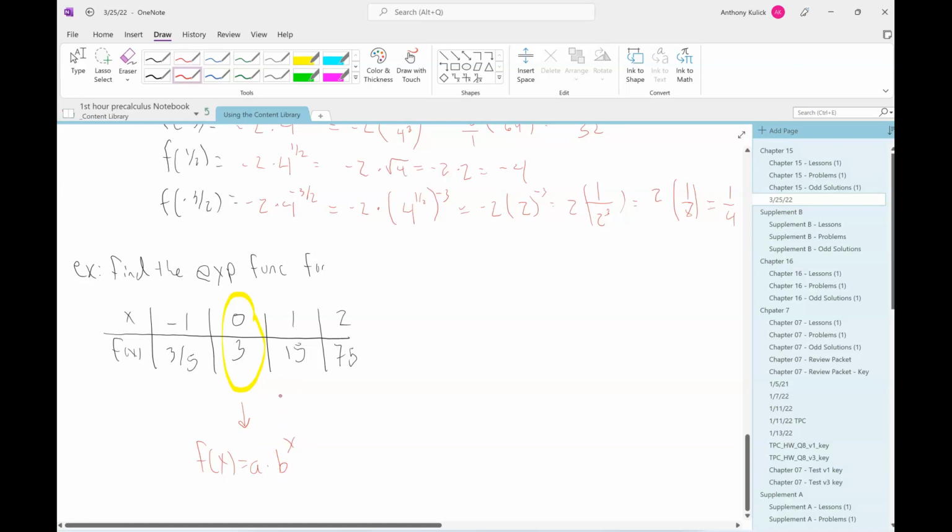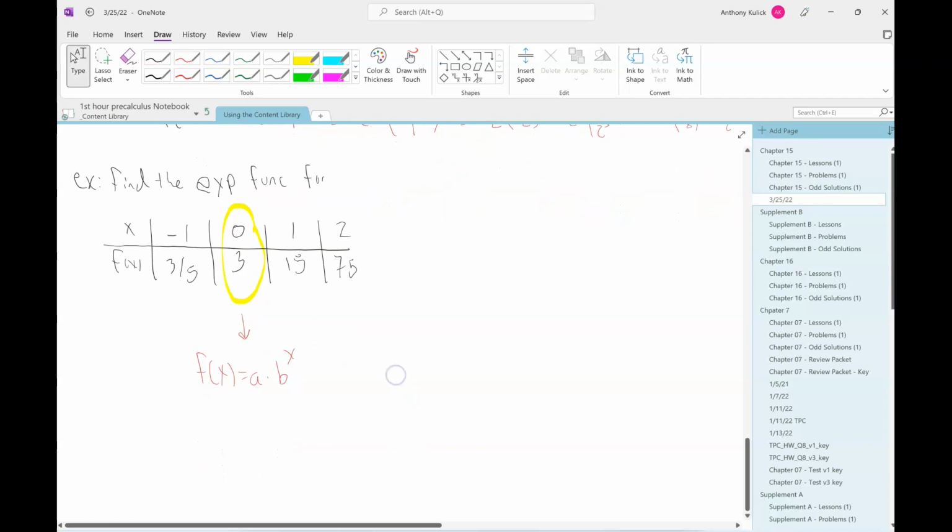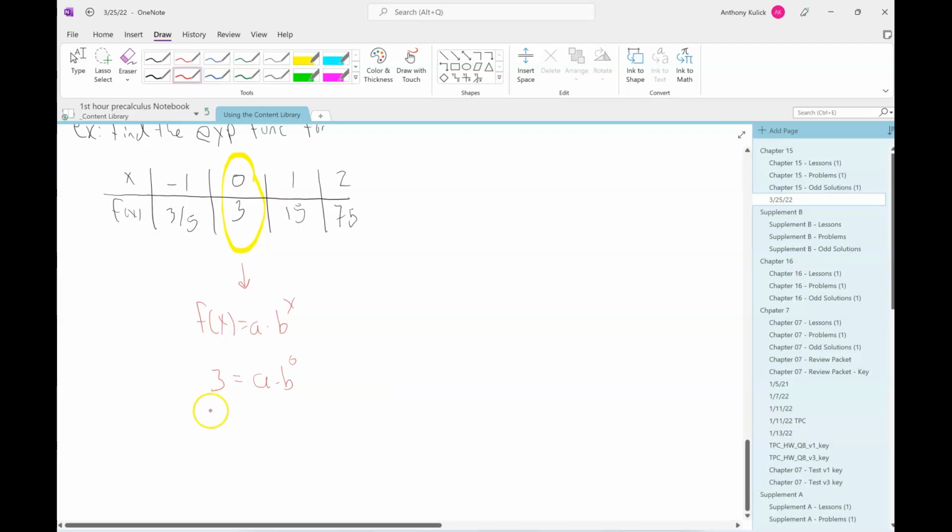I want a value for a and b. Well, I know that 3, if I put that in for f of x, is equal to a times b to the 0. And b to the 0 is just 1. So I know that a is equal to 3.